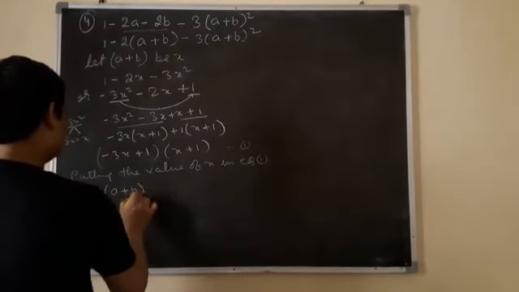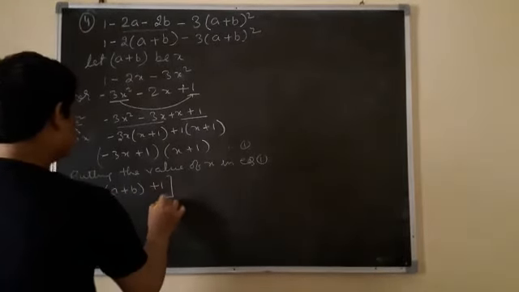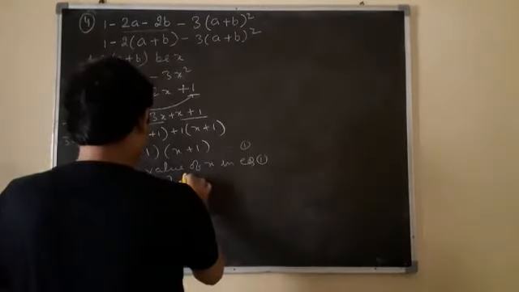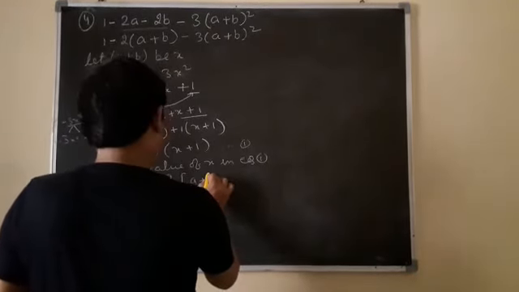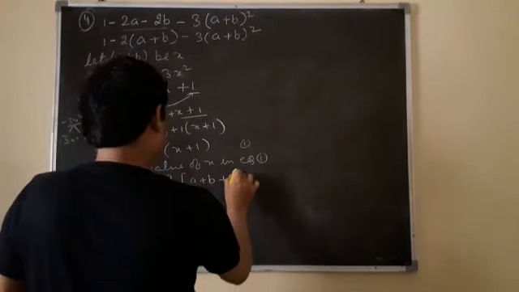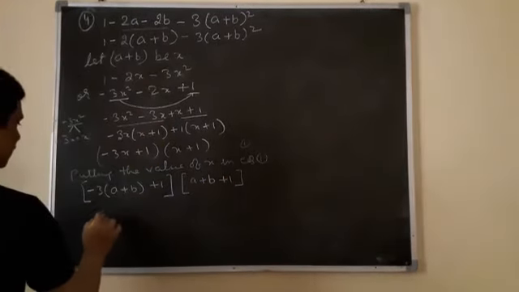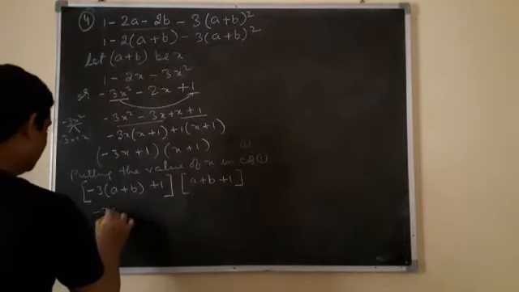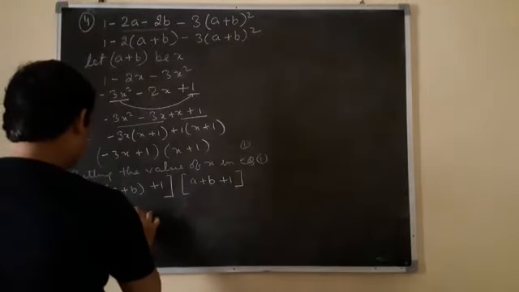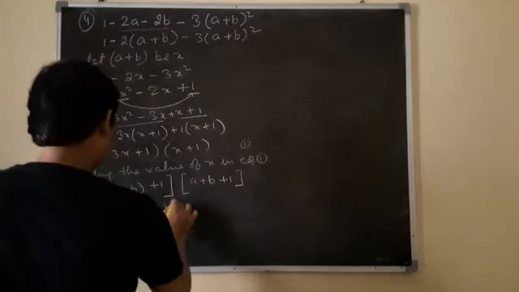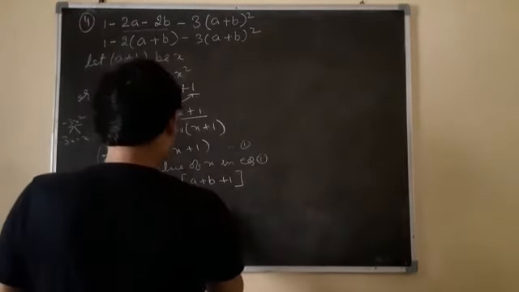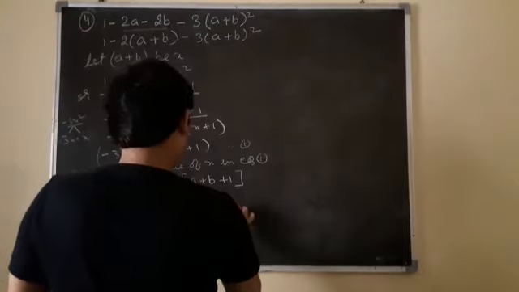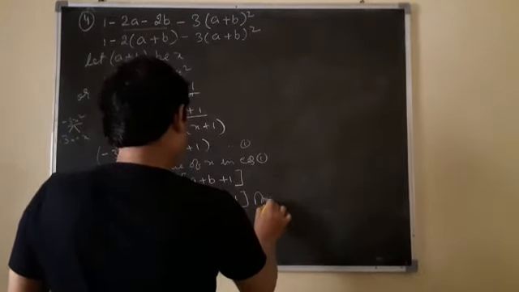So minus 3(a + b) plus 1, and on this side a plus b plus 1. Let us multiply this number: minus 3a minus 3b plus 1, and this side a plus b plus 1. This is our answer.